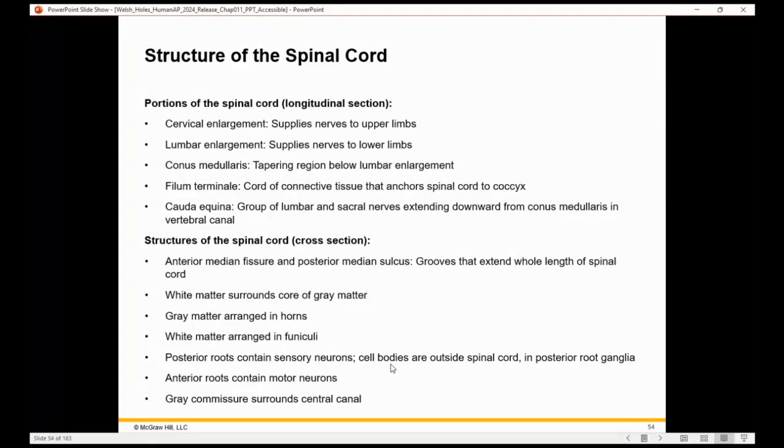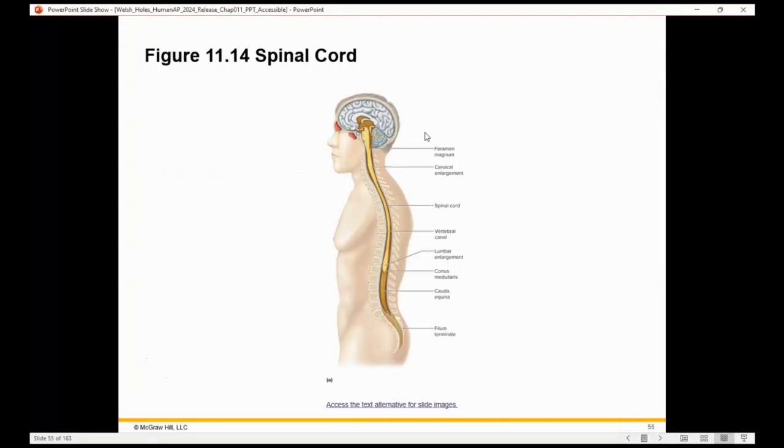The posterior roots contain sensory neurons, and cell bodies are outside the spinal cord in the posterior root ganglia. The anterior roots contain motor neurons, and the gray commissure surrounds a central canal. Okay, this shows you areas of the spinal cord in the longitudinal section.